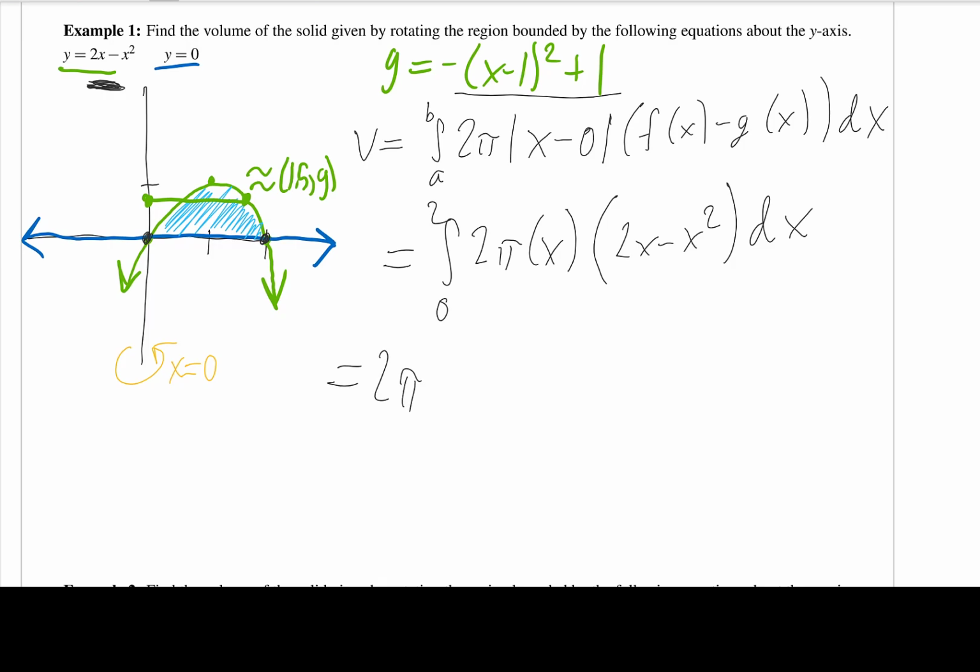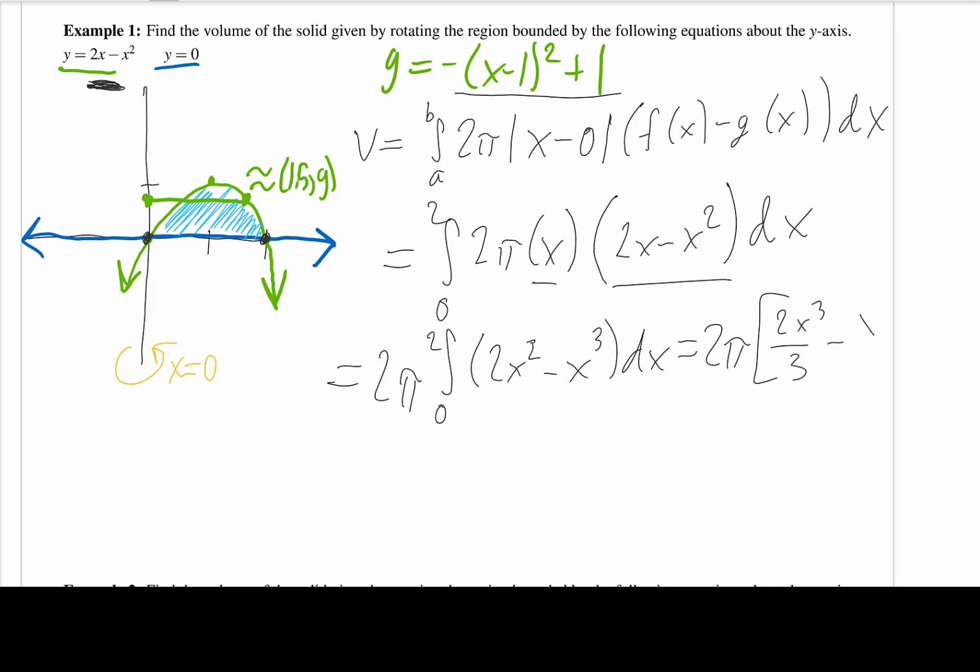So this should be 2 pi times the integral from 0 to 2 of, let's see, I'll distribute out my x right here. So this will be 2x squared minus x cubed dx. So this is 2 pi. We'll integrate, so this will be 2x cubed over 3 minus x to the 4th over 4, evaluated from 0 to 2.